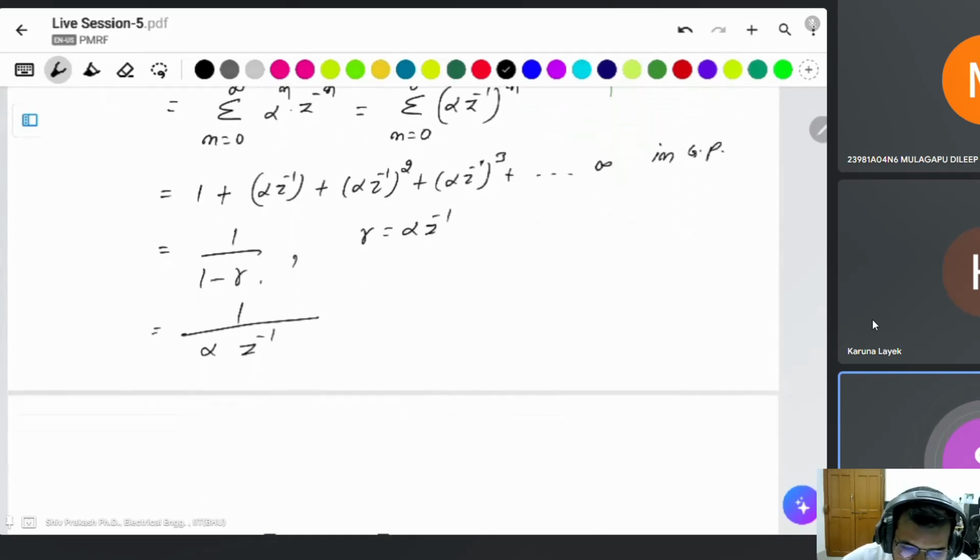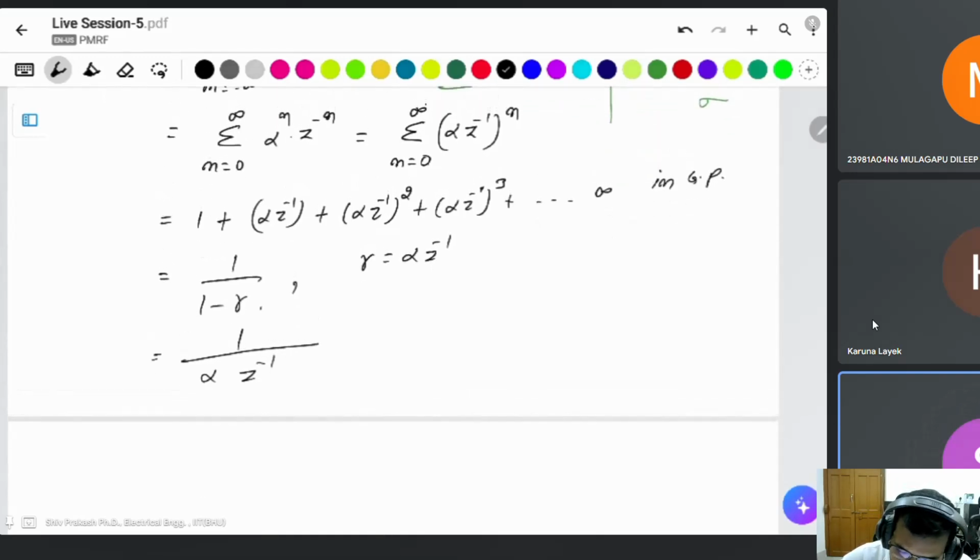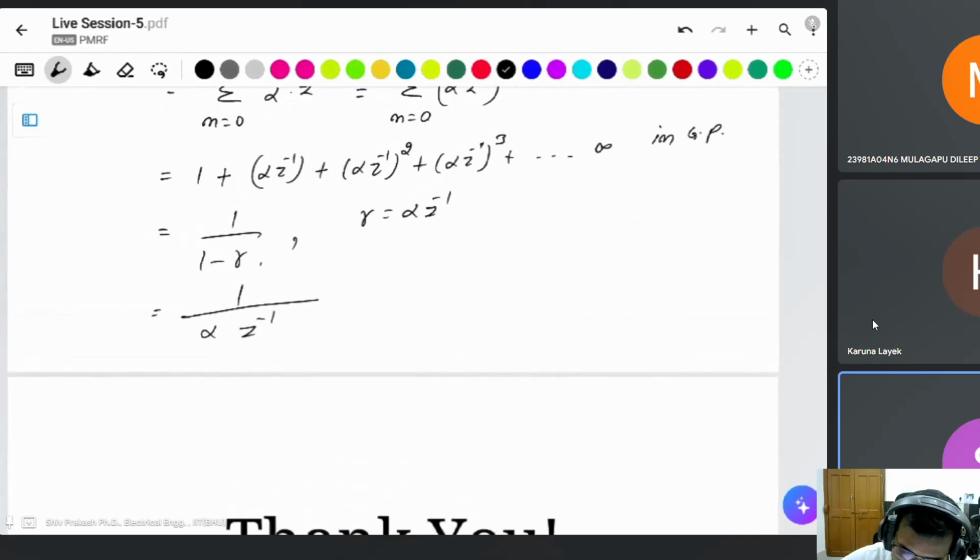But the condition is there, this alpha z inverse magnitude should be lesser than 1, not greater than 1. Then mod of alpha and mod of z inverse should be less than 1.